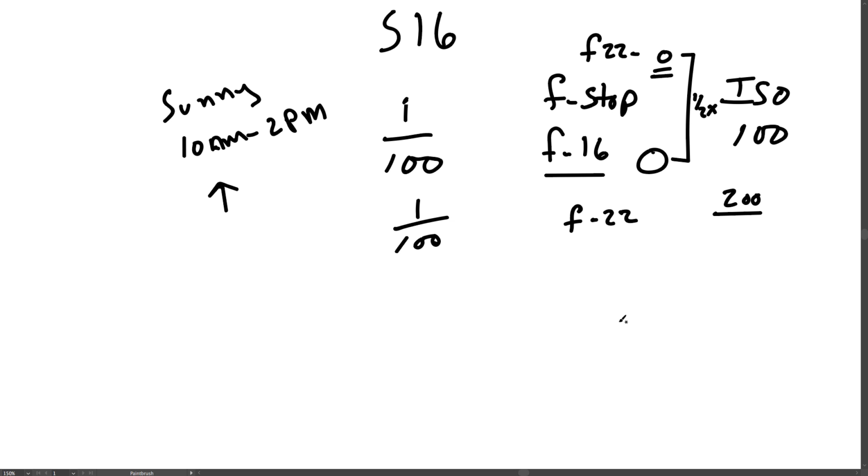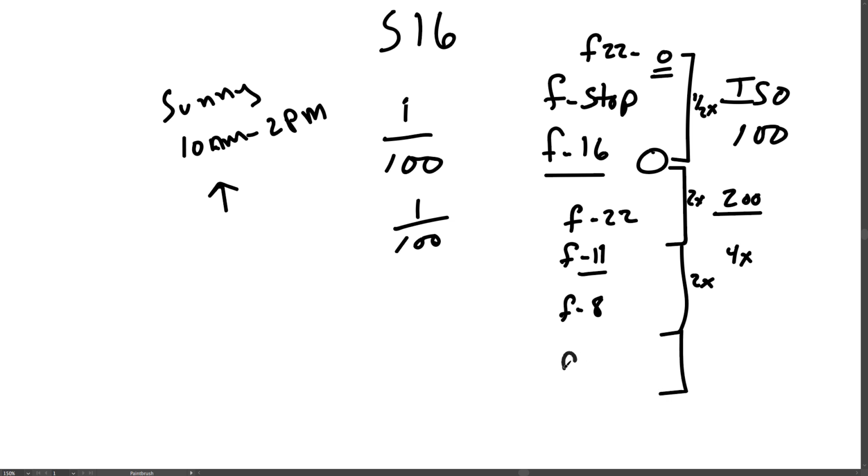If we wanted to go the other way, that is, have a very short depth of field, then we have to open up the aperture to f11, which would be twice as much light, or f8, which would be twice as much as f11, but 4 times as much as f16, and to f5.6, which would be twice as much light as f8, but 8 times as much light as f16.